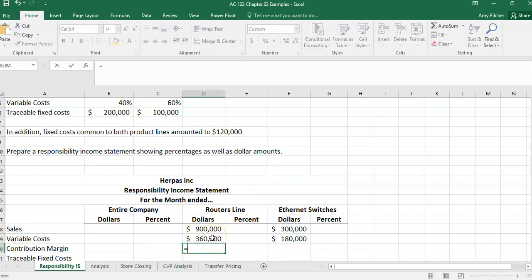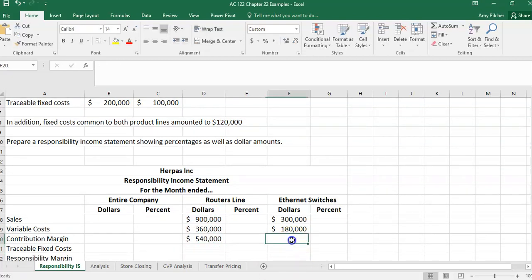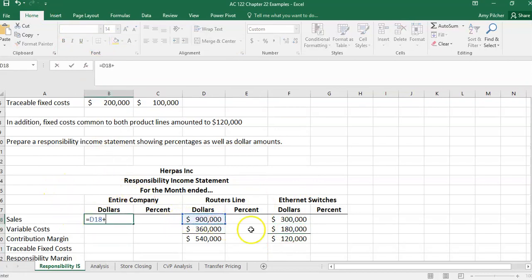Contribution margin is sales minus variable costs. And for the entire company, it is the two lines added together.